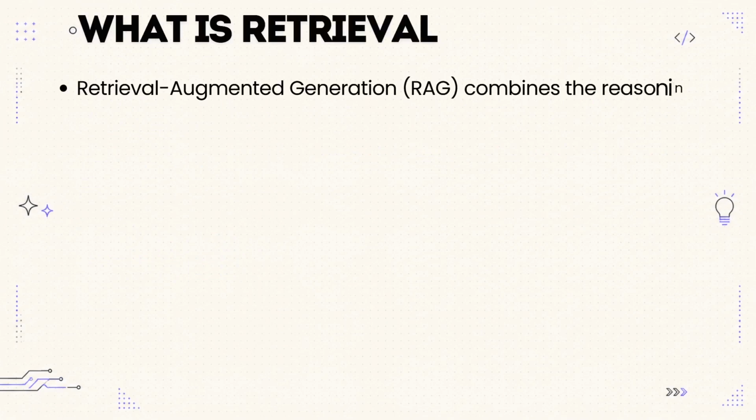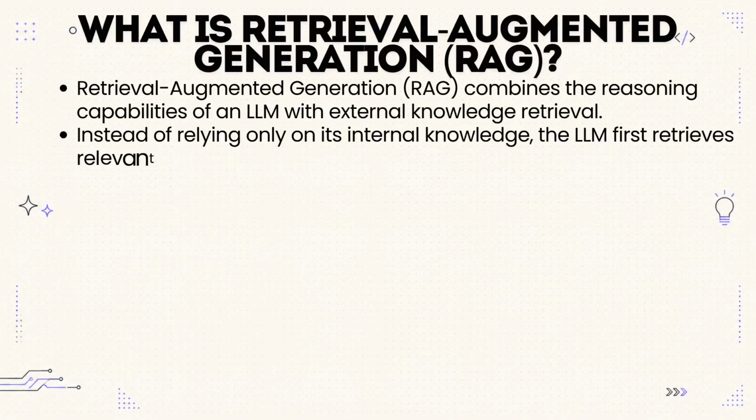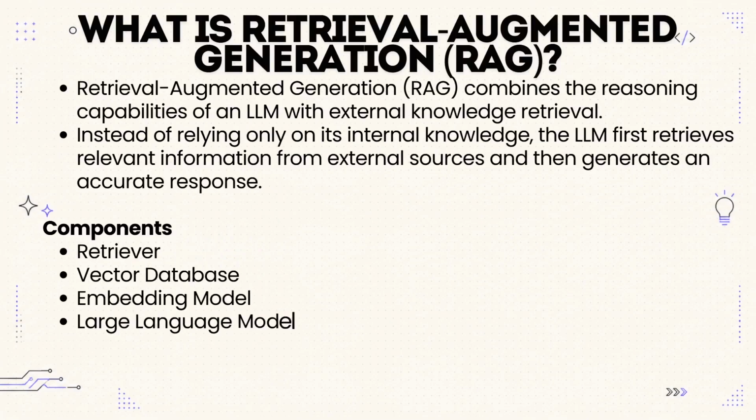And now comes the most important part of the entire video, which is what is retrieval augmented generation. Instead of retraining the model or manually copying information into the prompt, RAG automatically retrieves the most relevant information from your knowledge base before generating the answer. Think of it like an open book exam.